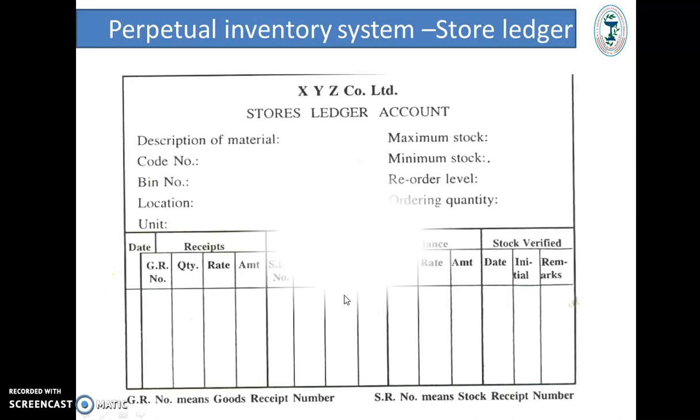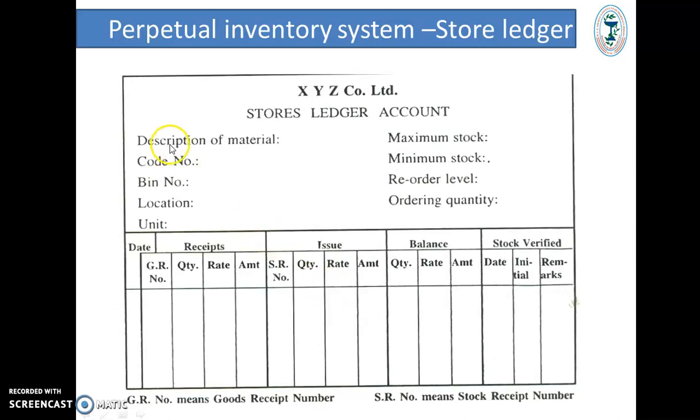So this is the format for the store ledger. Again, description of material, code number, bin number, location, unit, maximum stock level, minimum stock level, reorder level, and ordering quantity. Next column is date. Receipt, GR number, that is goods receipt number.